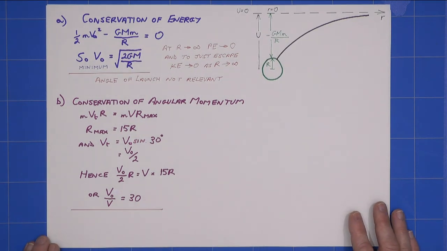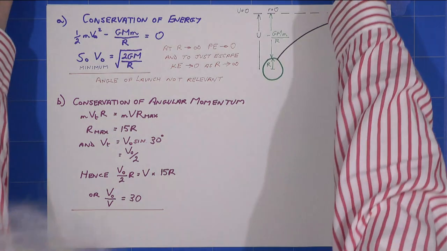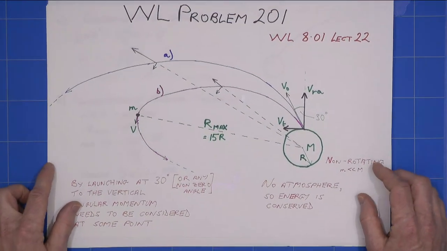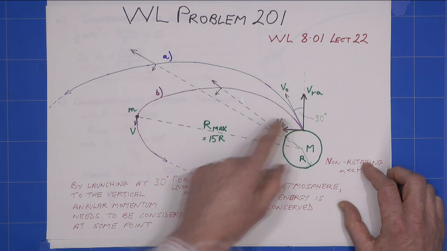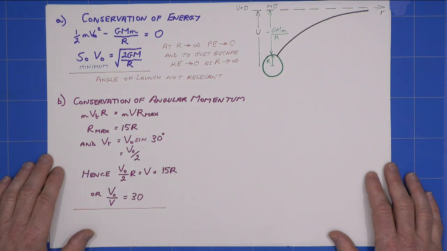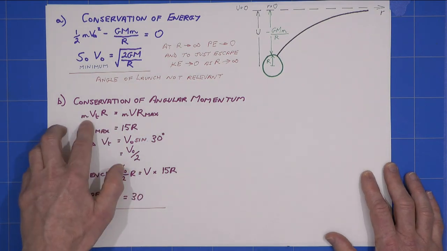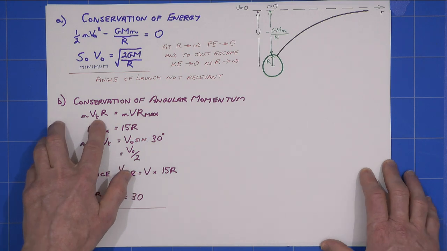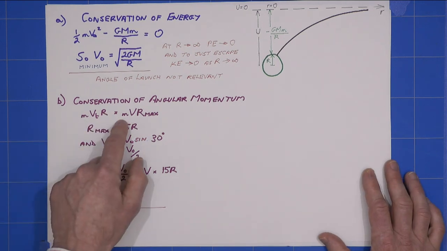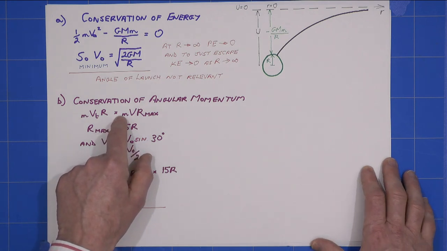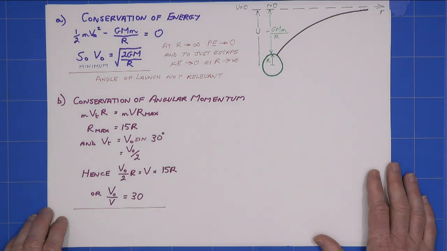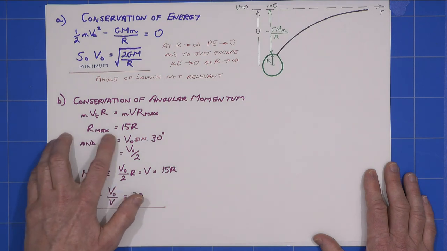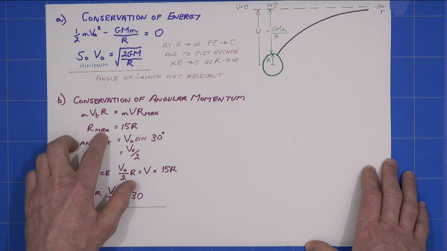Okay, for part B, we have 2 points that we need to consider, and we're going to do this with conservation of angular momentum. We need to consider our angular momentum here and here. So we have at start, this is our condition, v tangential times r, and we have at our maximum orbit, maximum distance from the planet, m v max, and we're told that our maximum distance is 15r.